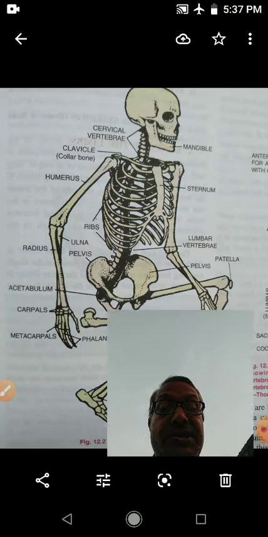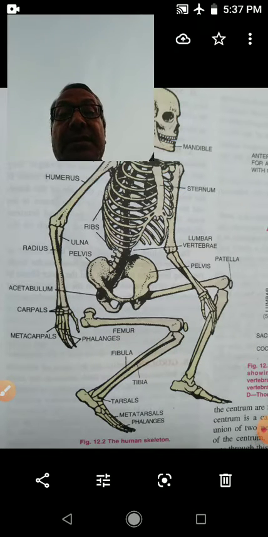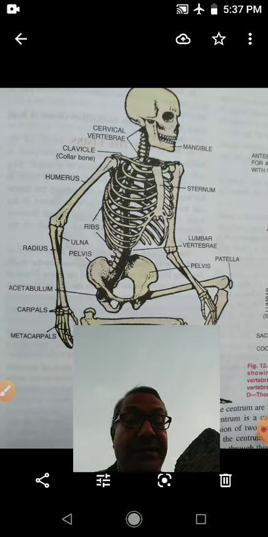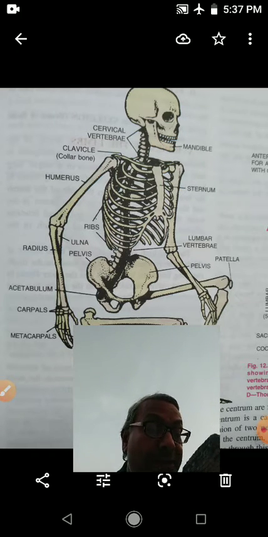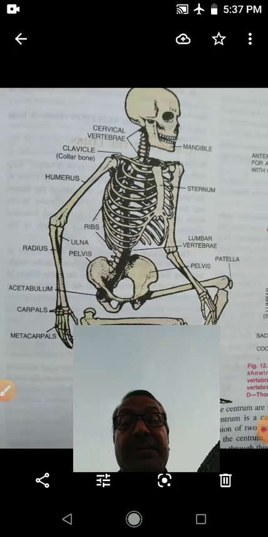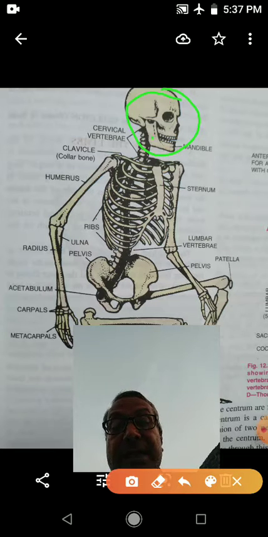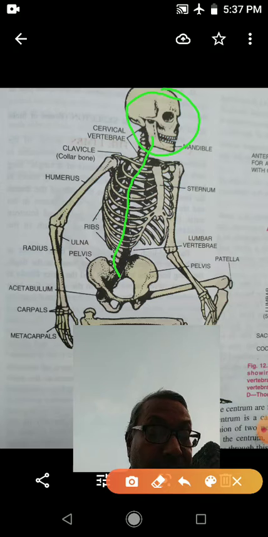So children, you see, in this axial skeleton is the skull and vertebral column. This is the skull, and there is a bone that is on the backbone, that is the vertebral column.